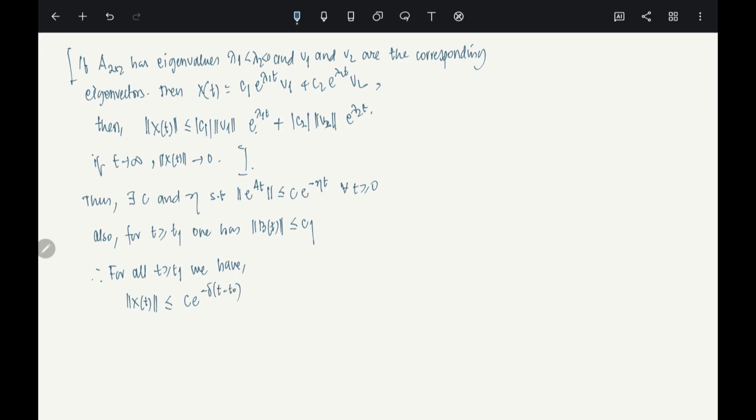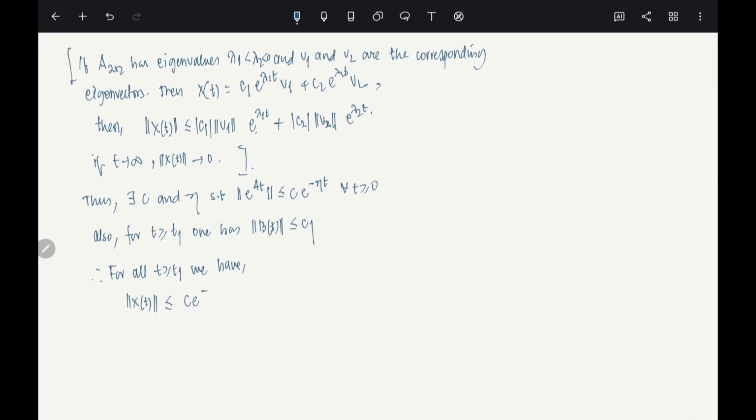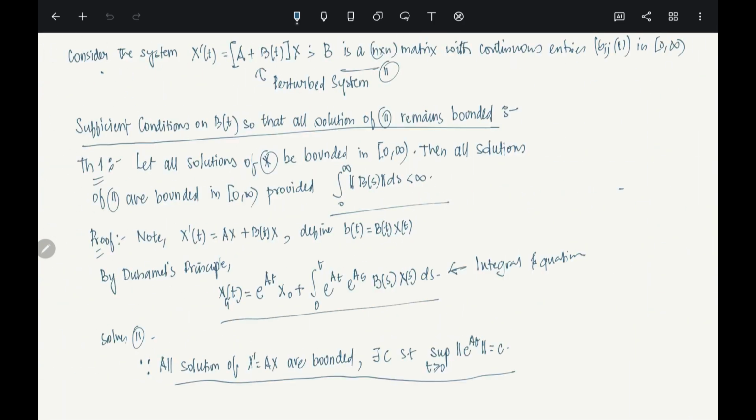Here I am assuming t naught to be 0, so I don't need t naught. Where is delta t? What is delta? Eta t. Let's write it as eta t. Norm of x naught. This was also true, the same equation.